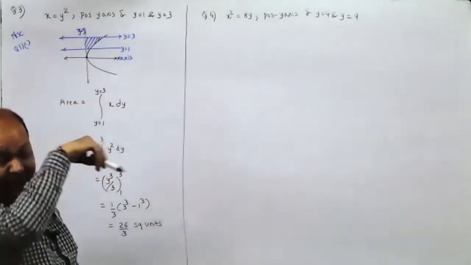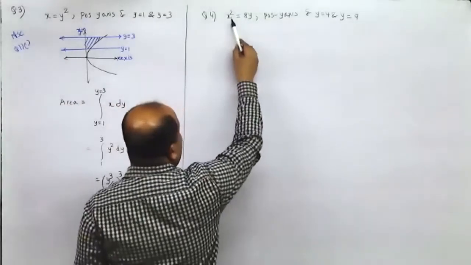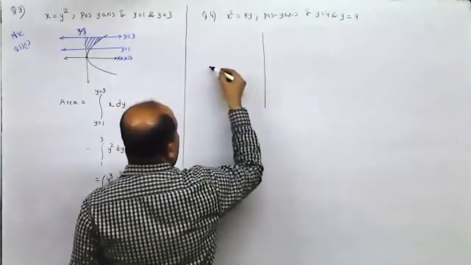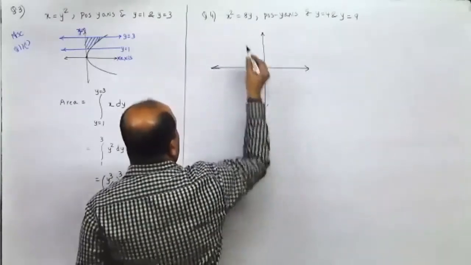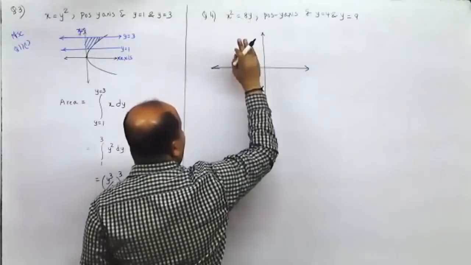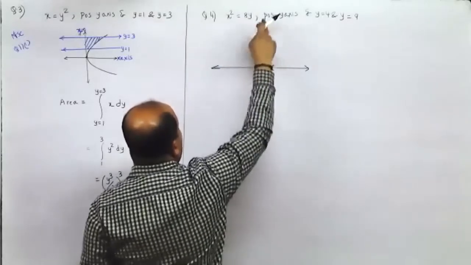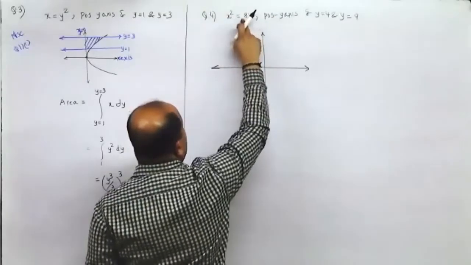Once you know it is parabolic, you need to decide whether it is symmetric about the x-axis or the y-axis. Here, x square equal to 8y, x square, so symmetric about the y-axis. Positive or negative? It is symmetric about the positive y-axis, because this is positive.